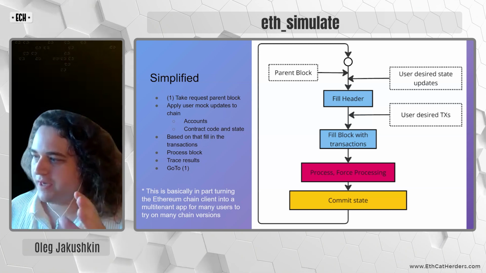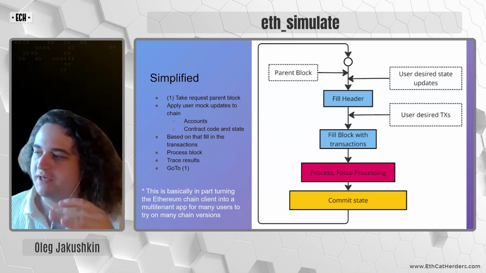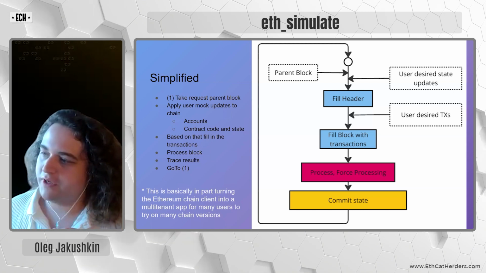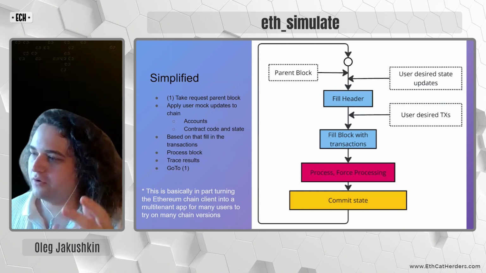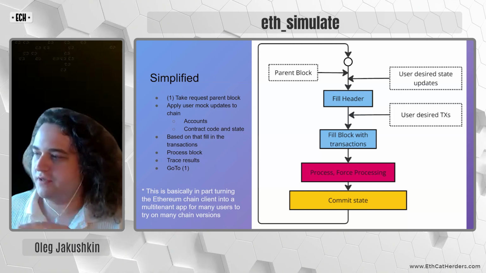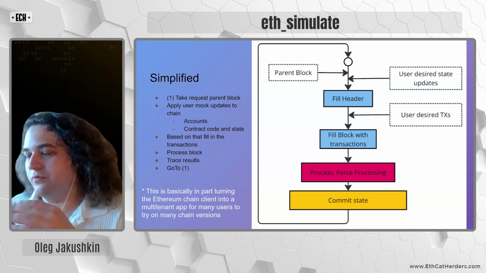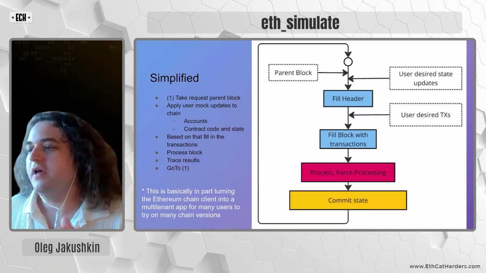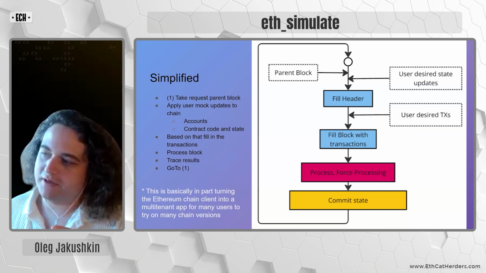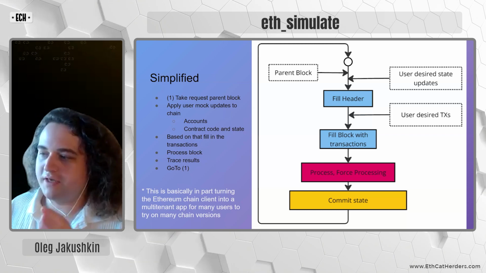We compose block headers, and then for each of the transactions that the user provided for the block, we simulate from the state that we got after we took our parent block and updated it with the desired state updates. So we compose a real block, and then we process it. We process it as close to the way that normal blocks are processed on chain as possible.